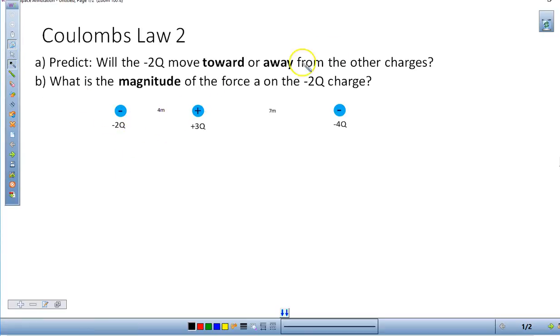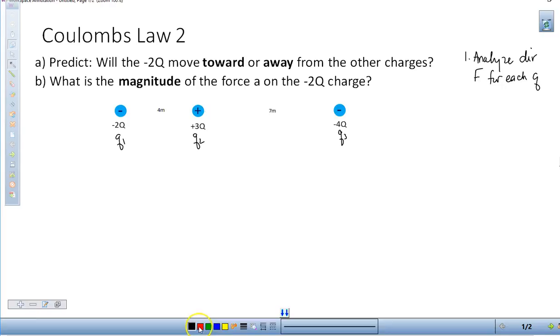So the first step, as I always do, is to analyze the direction of the forces for each charge. And as always, I like to label my charges. So this is Q1, Q2, and this is Q3, okay?